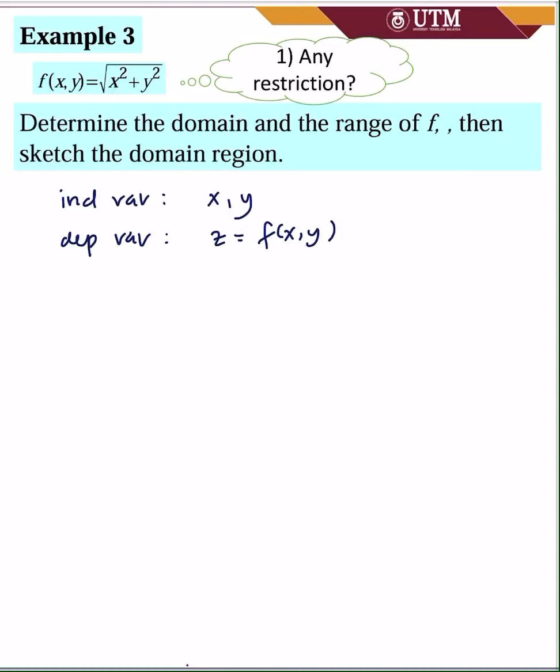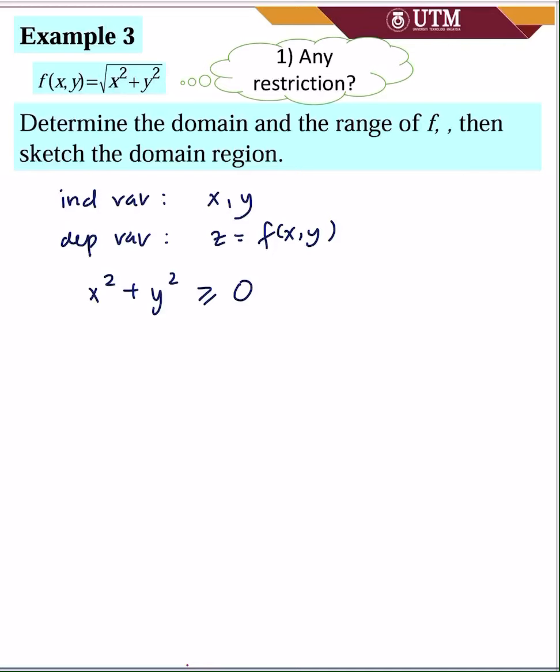Now, is there any restriction for f(x, y) here? Yes, x squared plus y squared must always be greater than or equal to 0.